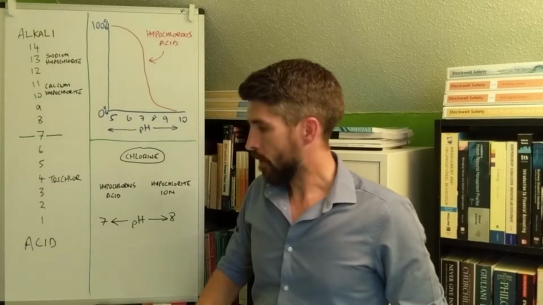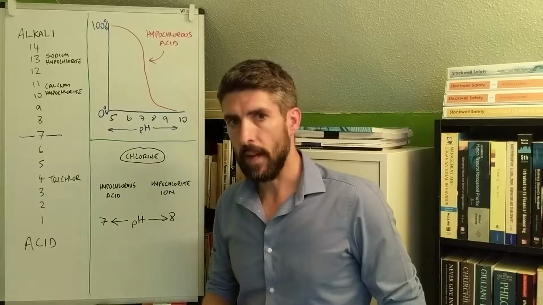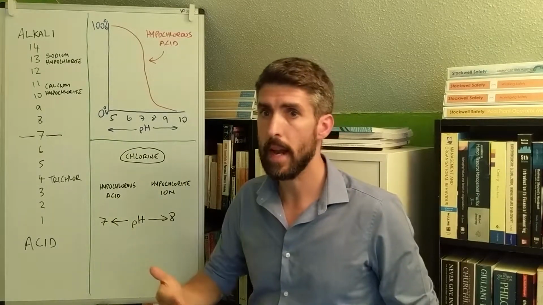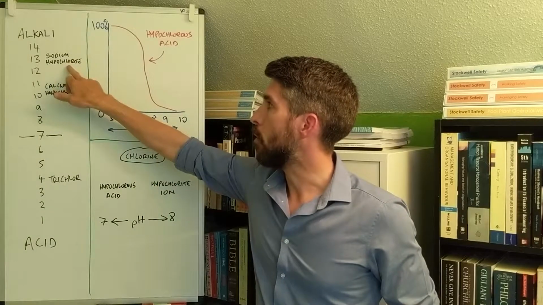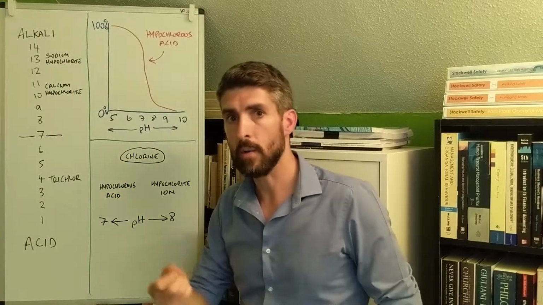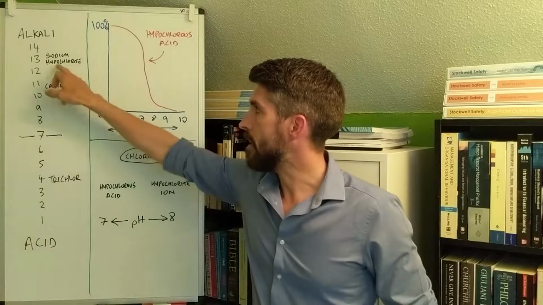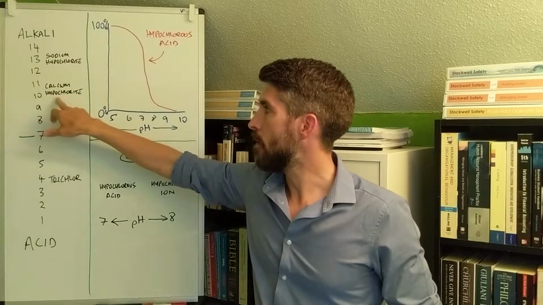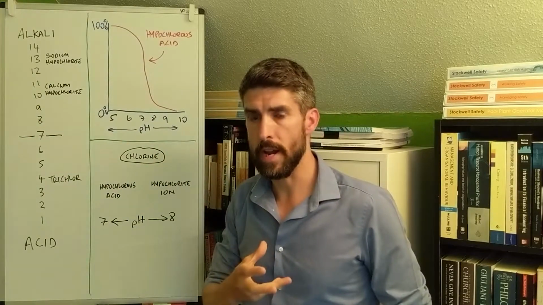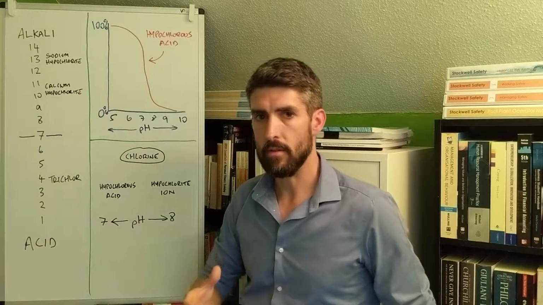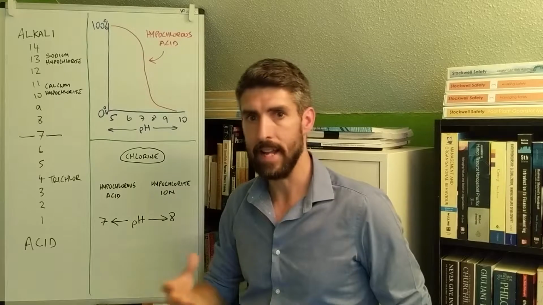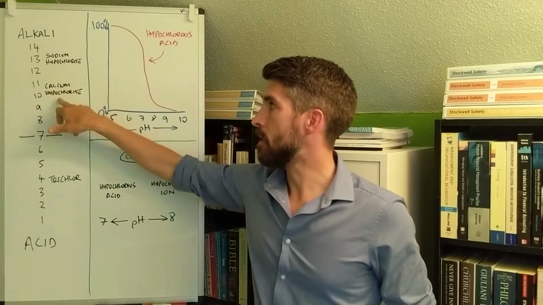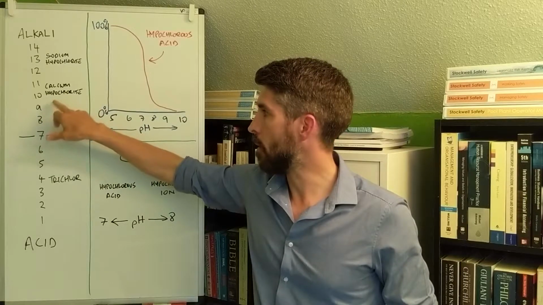So the problem is that most of the disinfectants used in UK swimming pools are quite high on the pH scale. Sodium hypochlorite, which is a liquid substance, has a very high pH level, around 13 on the pH scale, whereas calcium hypochlorite, the dry chlorine, which you get either as granules or pellets, is not as high, but still fairly high, between 10 and 11 on the pH scale.